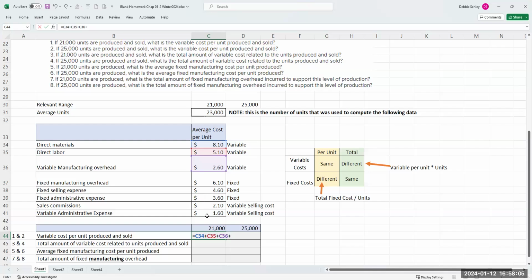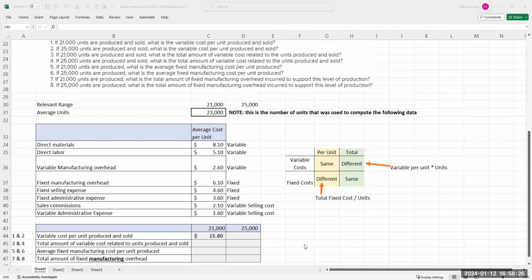I believe, let's see. Hold on for just a second. Let me make sure I'm not leading you astray. There's one more we need.